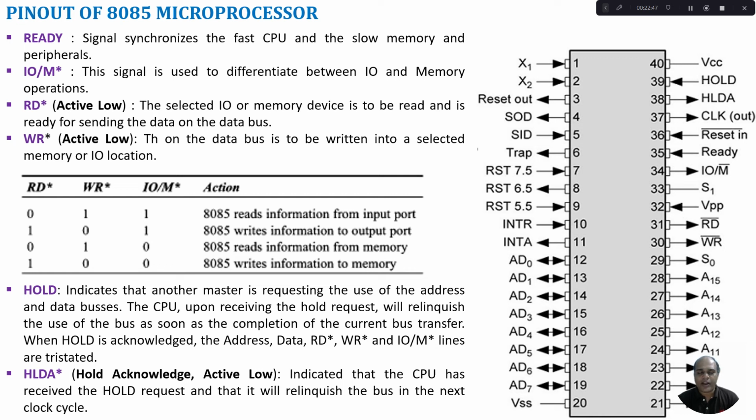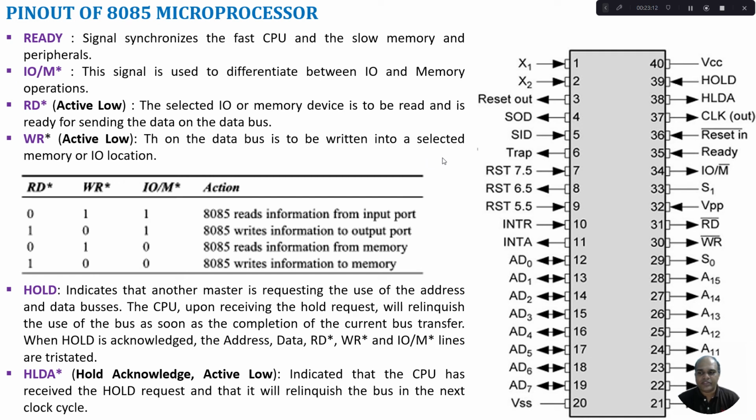Thereby the DMA controller can use those buses for performing the transaction between an IO device and the memory without the intervention of your CPU.